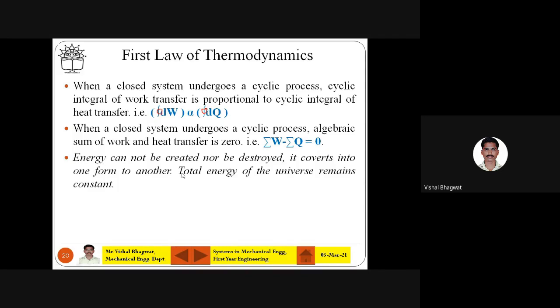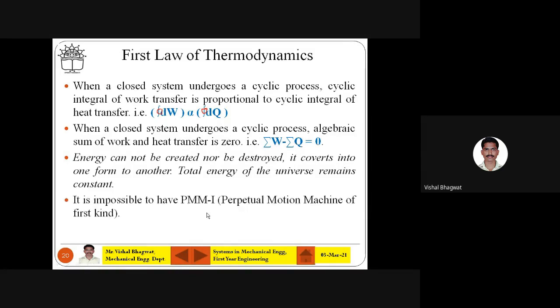Now this is a very famous statement about the first law of thermodynamics, that energy cannot be created nor destroyed, it converts from one form to another, and the total energy of the universe remains constant. Till now you may have thought this is the only statement of the first law, but no. These are different statements: when a closed system undergoes a cyclic process, the cyclic integration of dW is proportional to dQ, and the algebraic sum of W and Q is zero.